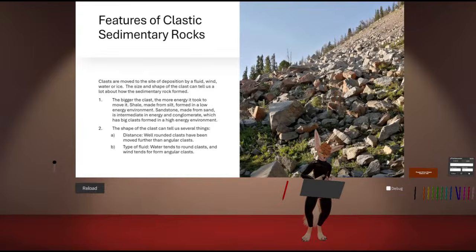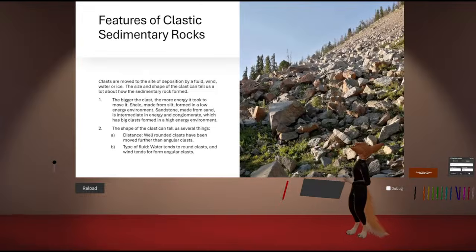The distance: well-rounded clasts have been moved from much further than angular clasts, and it also tells us the type of fluid. Water tends to round the clasts, and wind tends to form angular clasts.